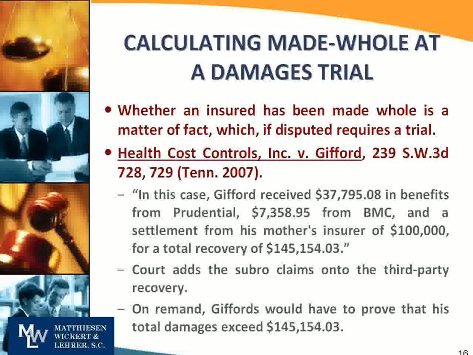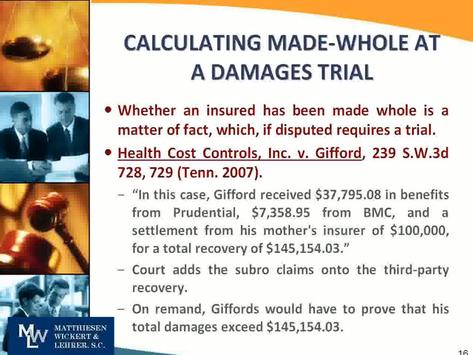So let me just go through it real briefly. In this case, the plaintiff received a little under $38,000 in benefits from Prudential and $7,000 from another insurer, and received a settlement of $100,000 for a total recovery of $145,000.